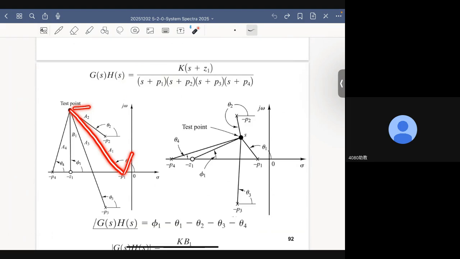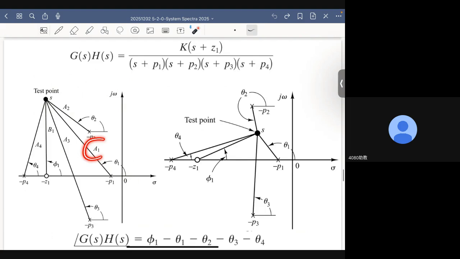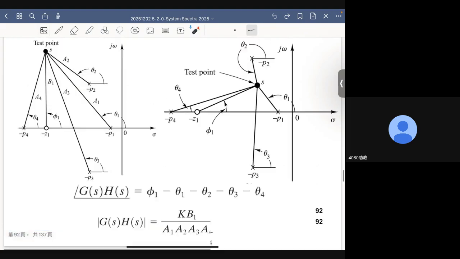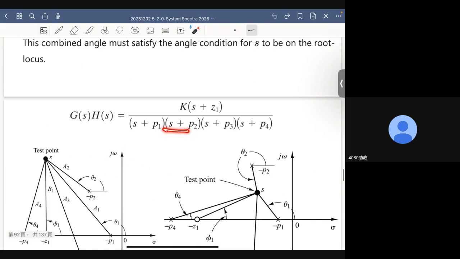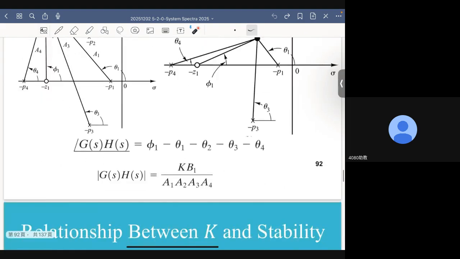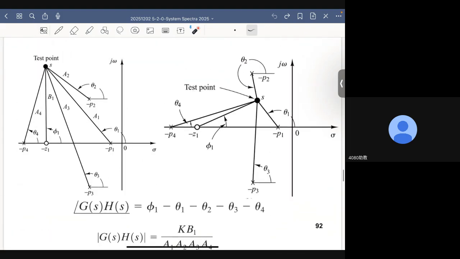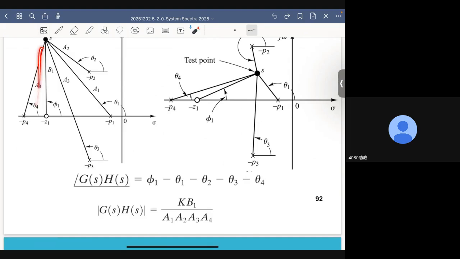By doing so, I draw a vector, and the length of that vector is, for example, A1. So I put an A1 here in determining the magnitude of GH. I can do the same thing for this pole and this pole. And that is exactly what I do. So determining the magnitude of the loop transfer function is achieved by identifying the lengths of all these vectors.